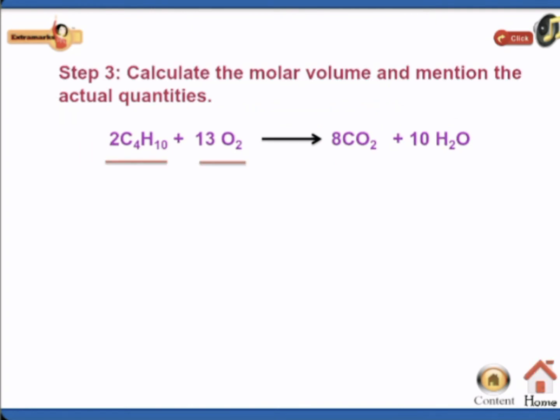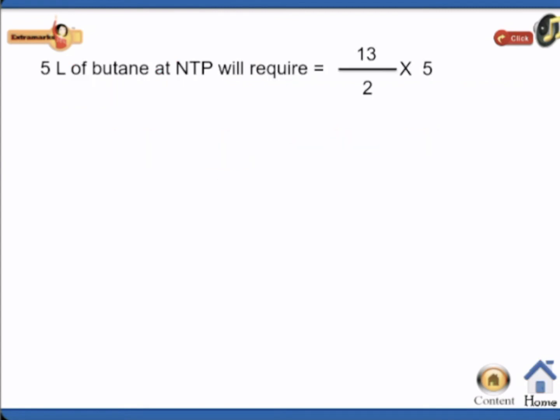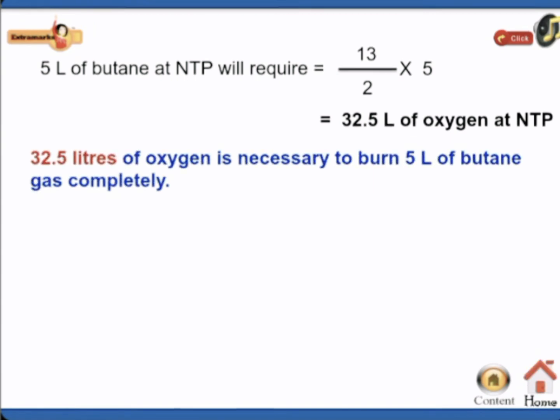Step 1. Step 3. Calculate the molar volume and mention the actual quantities. Therefore, on calculating we get that 5 liters of butane at NTP will require 32.5 liters of oxygen at NTP.